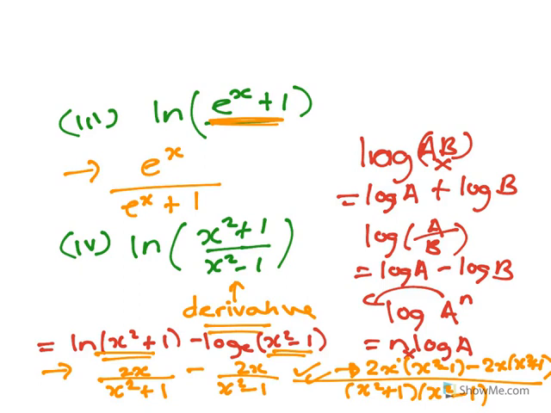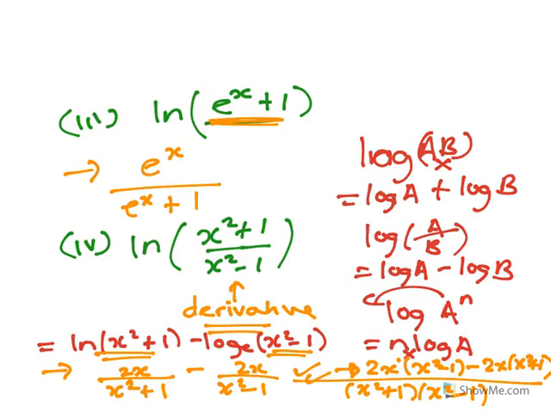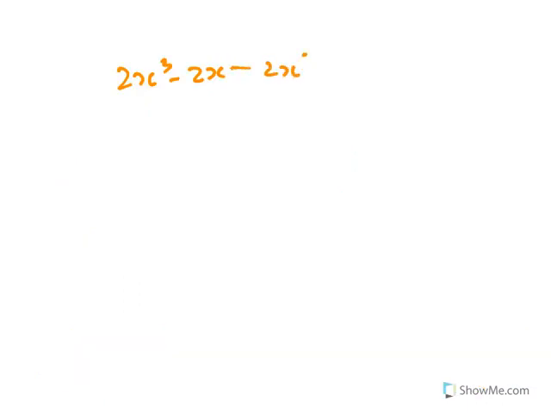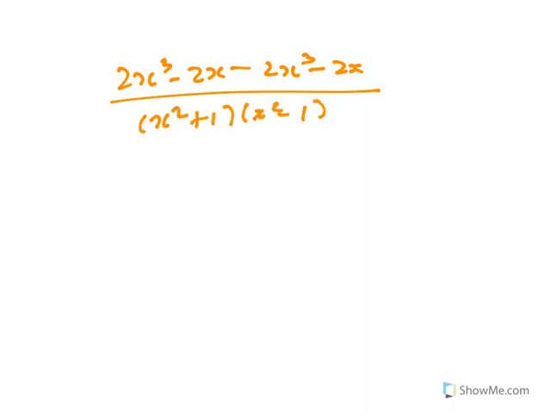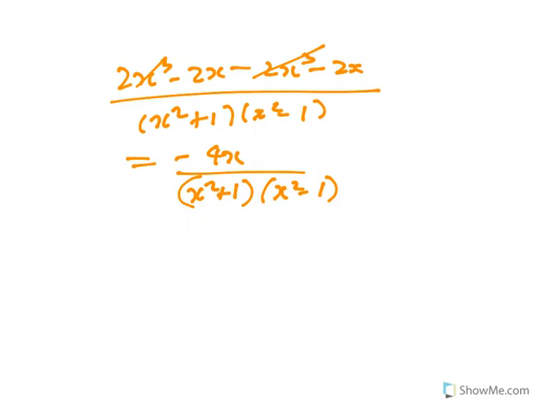So you end up with 2x cubed minus 2x, and then minus 2x cubed minus 2x, and that's all over x squared plus 1, x squared minus 1. So you can see they go out and you get minus 4x on x squared plus 1, x squared minus 1, and that's the derivative.